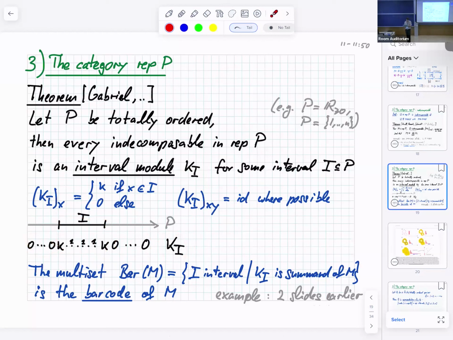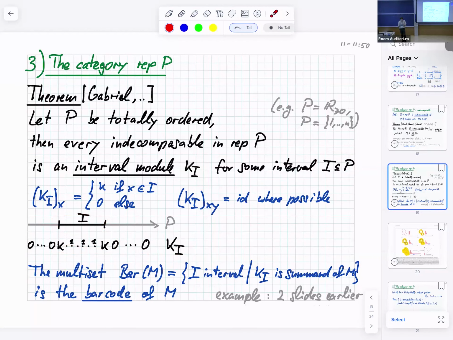I'm one-dimensional along the interval, 0 outside, and the maps, the morphisms, are identities wherever this is possible. So between any copies of K, I take the identity map. Like this, I can create for every interval in my poset a representation k_I. They are indecomposable. You cannot decompose this any further. And every indecomposable looks like this. So that's a very strong result.